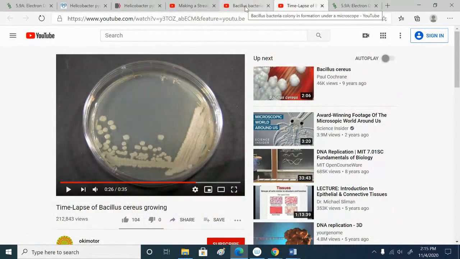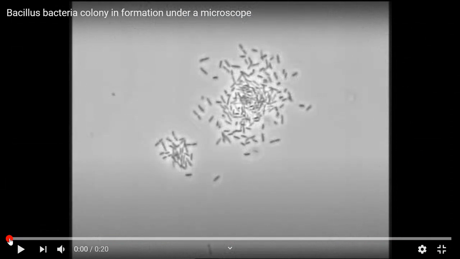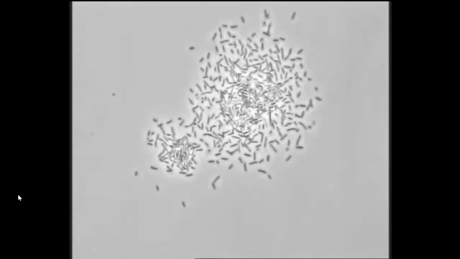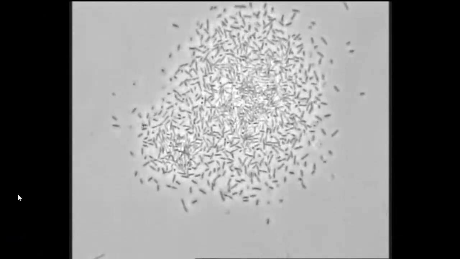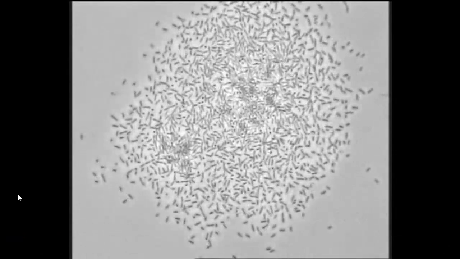Now, in this video, what we're looking at is the formation of a colony. It's just showing you the bacteria multiplying. They start out and slowly multiply, spread out, and eventually there'll be enough cells to form a visible mass that we can see, and that's our colony.